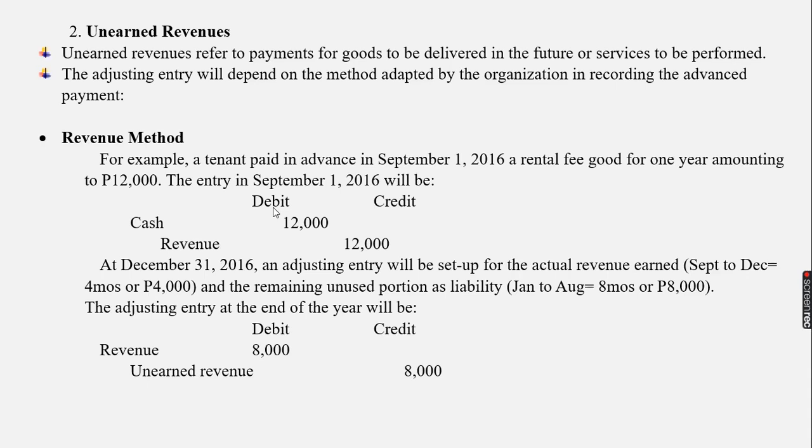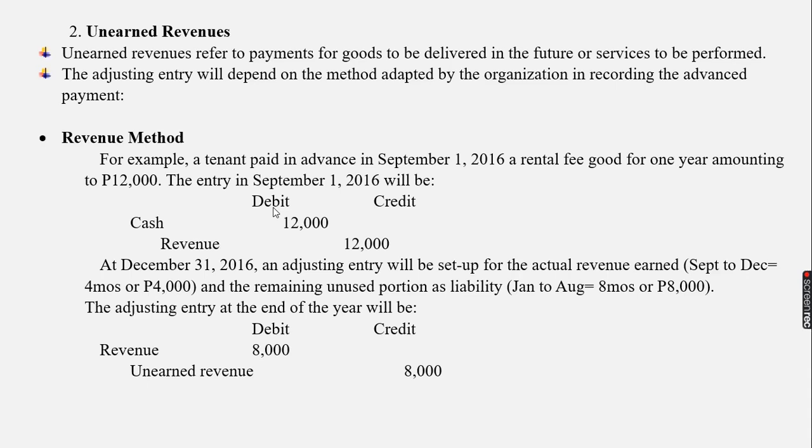Okay? So, kapag revenue method yan, for example, a tenant paid in advance in September 1, 2016 a rental fee good for 1 year, amounting to 12,000.